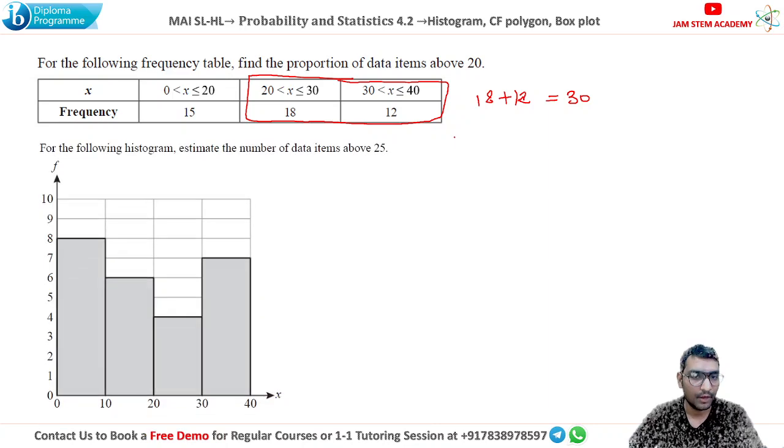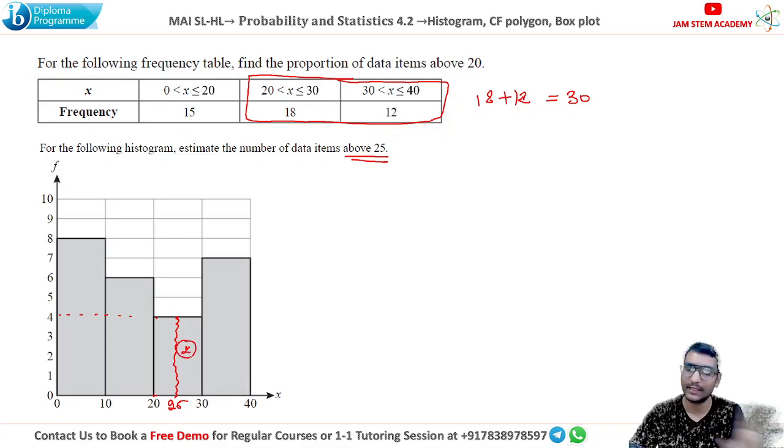Next, from the histogram, find the data items above 25. So here lies the 25, right? It is just an estimation. It is not an exact number. Between 20 to 30, there are 4 values. So let's divide it symmetrically and say between 25 to 30, there are only 2 numbers.